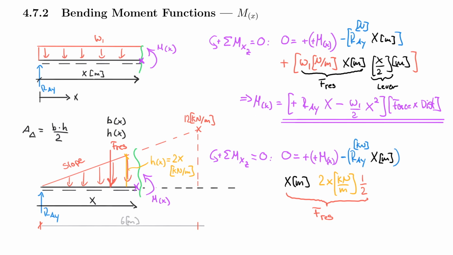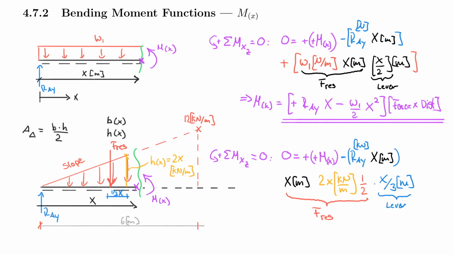And now I need a lever arm, and that lever arm really is the distance that I will give you down here, where this distance now is equal to 1/3 x. And so I now multiply this by x divided by 3, and that of course is also in meters in this case, and this is the lever arm.